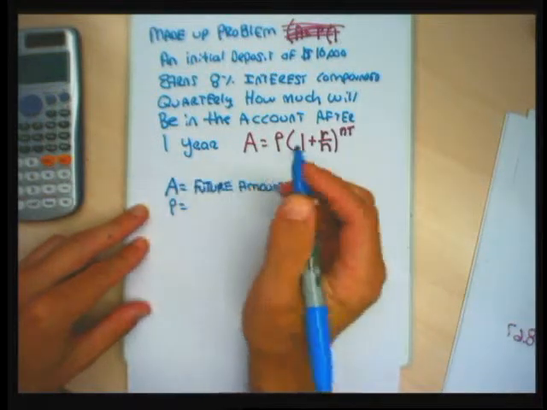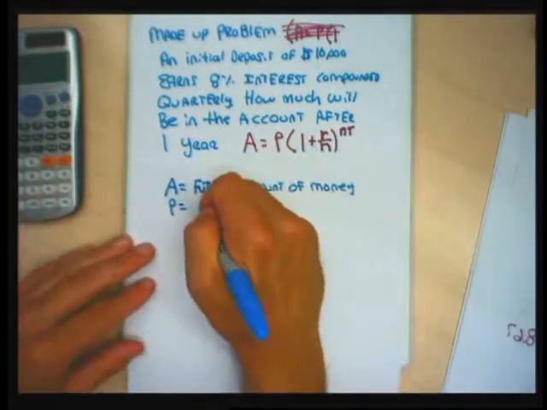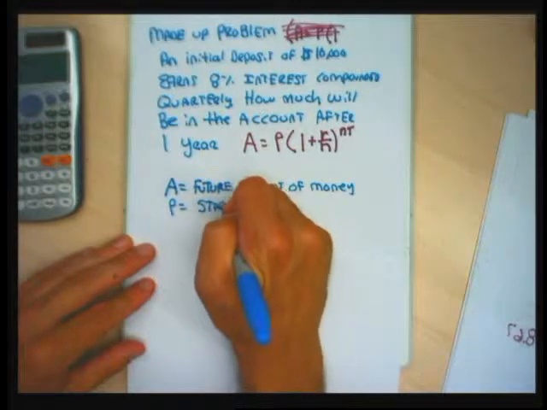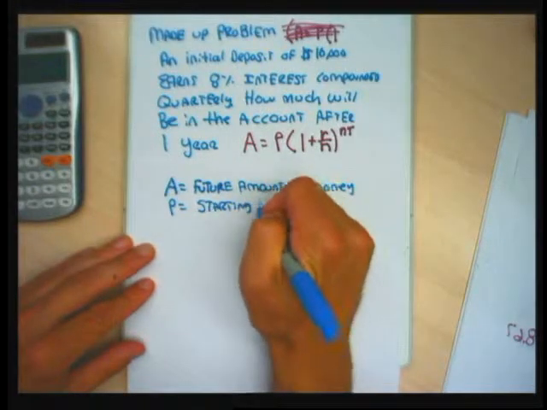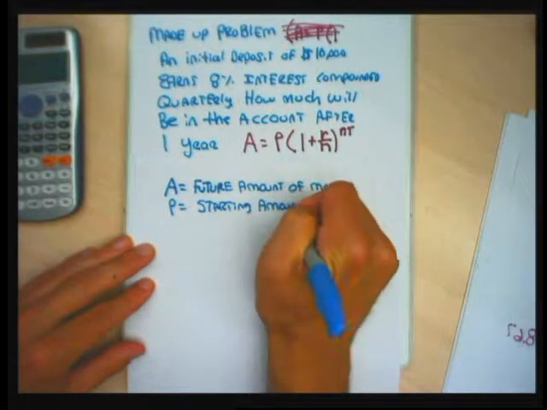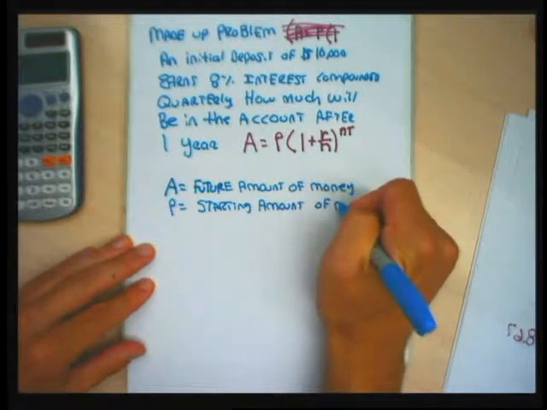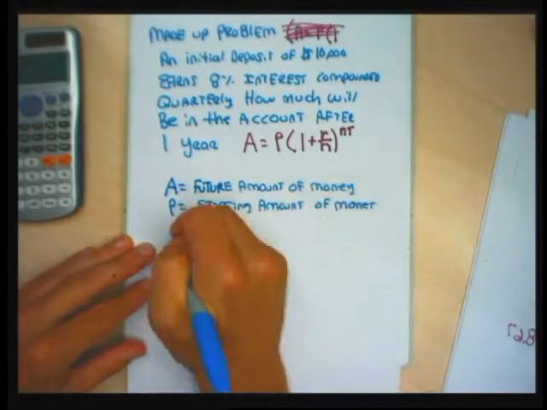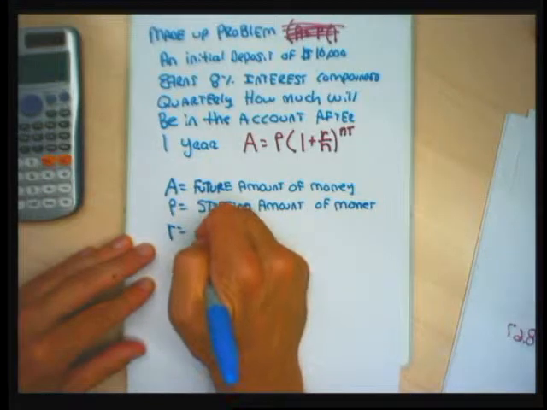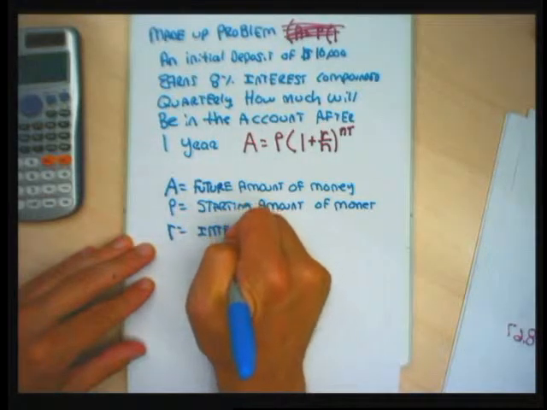The P says principal, but it's the starting amount of money for our class, since this isn't a business class. The R in the formula is the interest rate as a decimal.